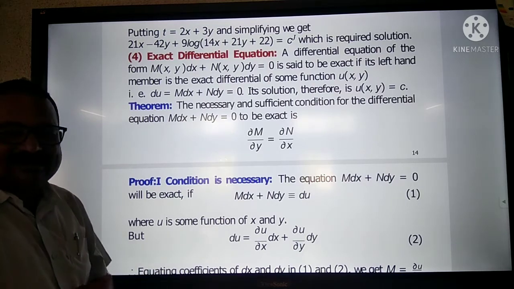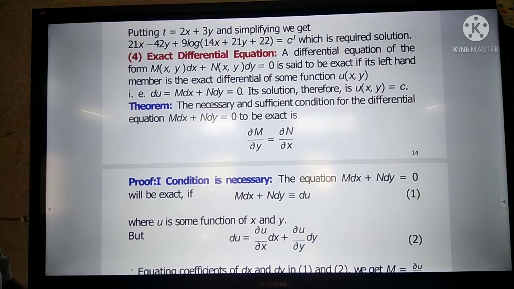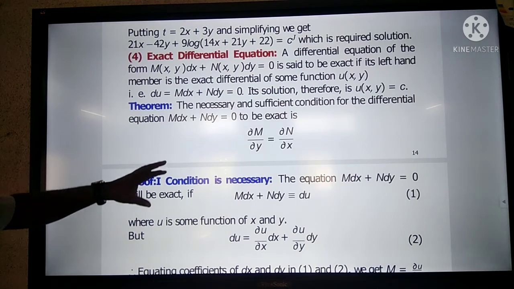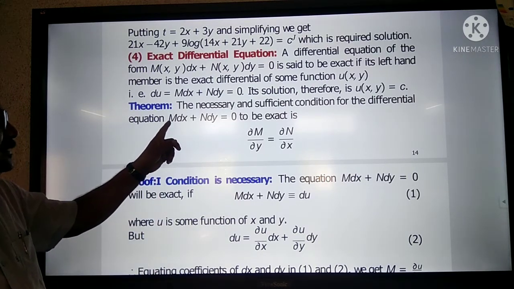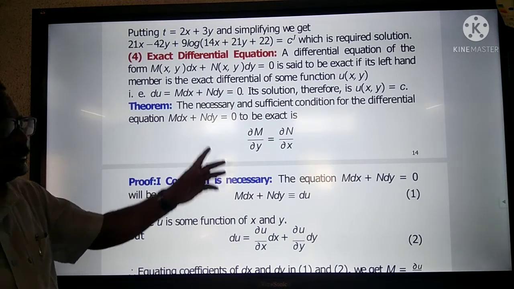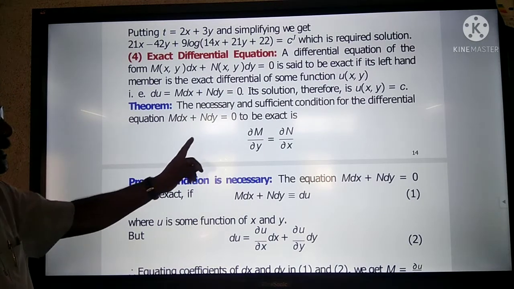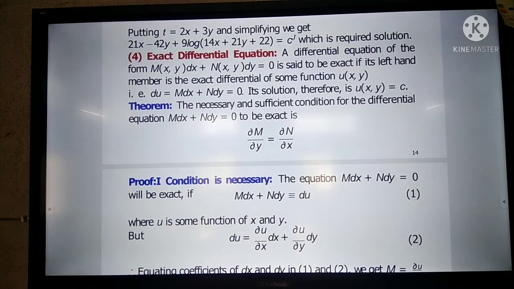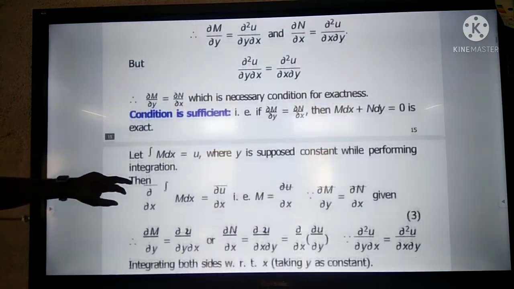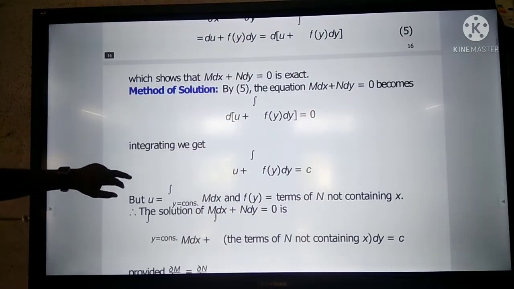The proof is not asked, so we are not going to explain it. Remember, the equation M dx plus N dy equals 0 is exact if and only if ∂M/∂y equals ∂N/∂x.